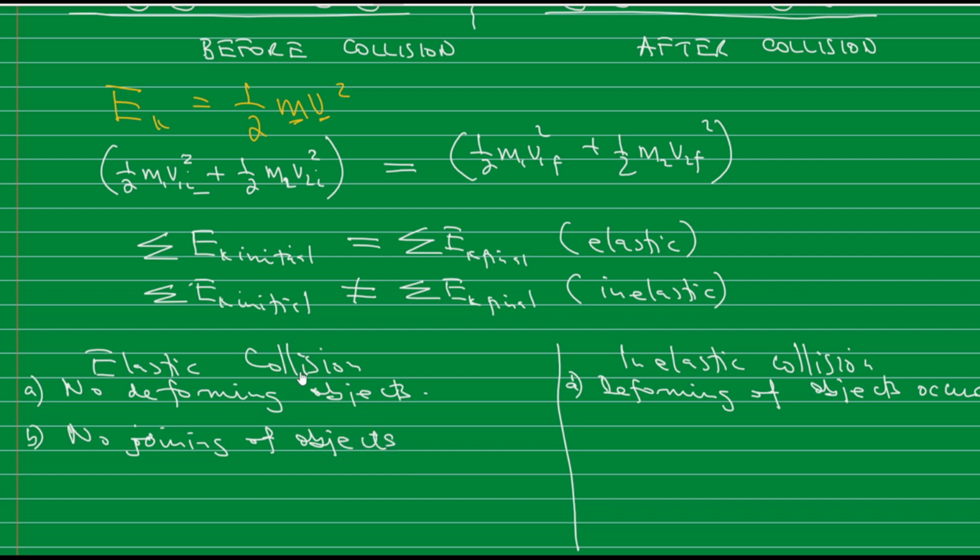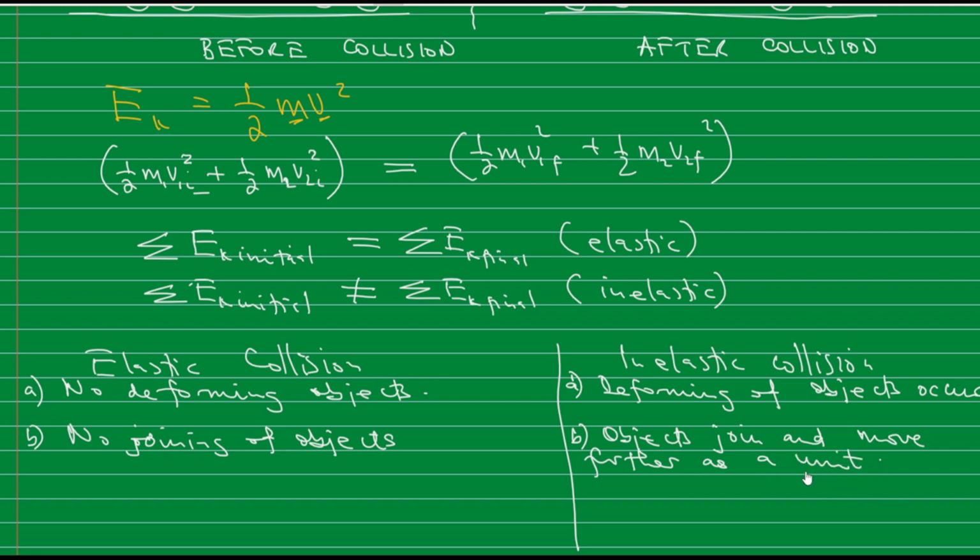But in elastic collisions, the objects do not join. In inelastic collisions, the objects may join and move further as a unit.